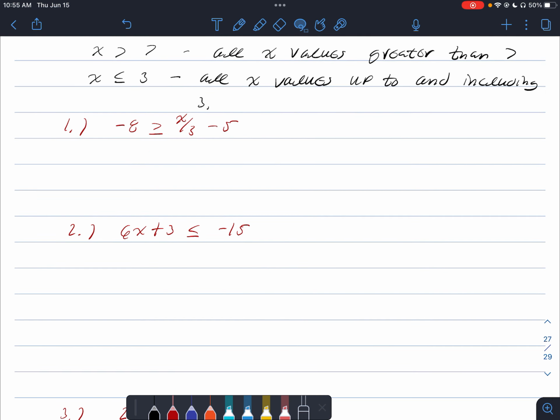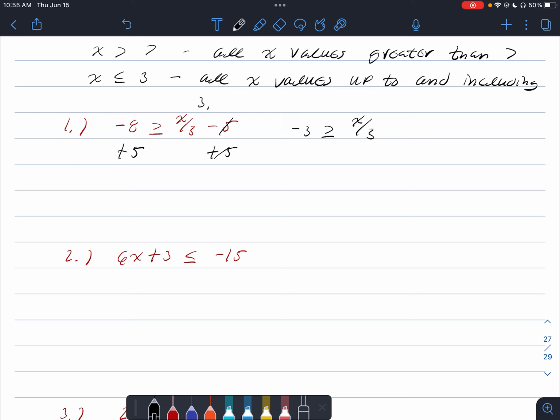So let's take a look at this first example. I think you'll find these are a lot like equations. We have -8 is greater than or equal to x over 3 minus 5. Our first step will be to move this 5 over to the other side so we can isolate x by itself. We end up with -3 is greater than or equal to x over 3.